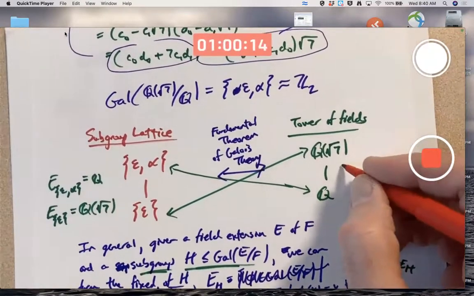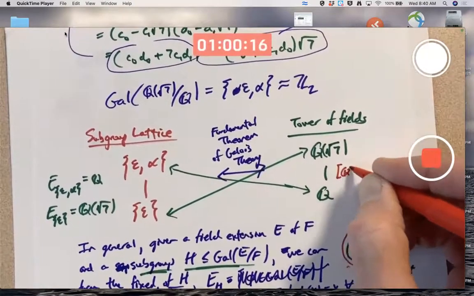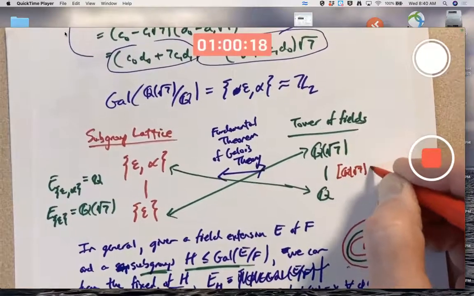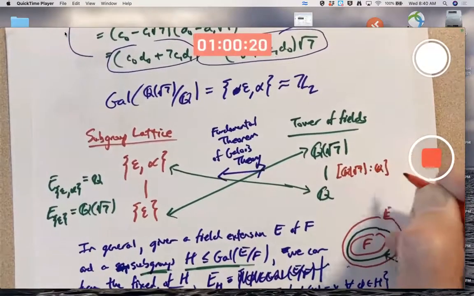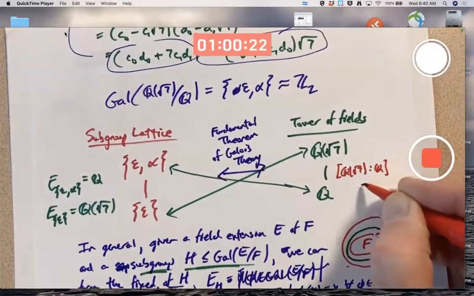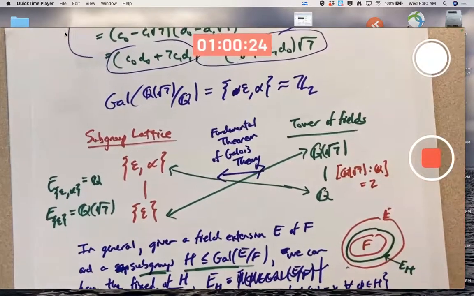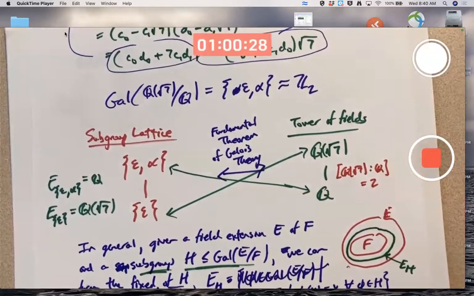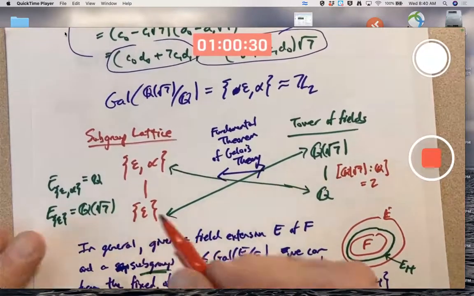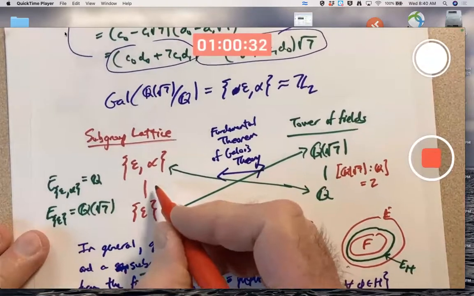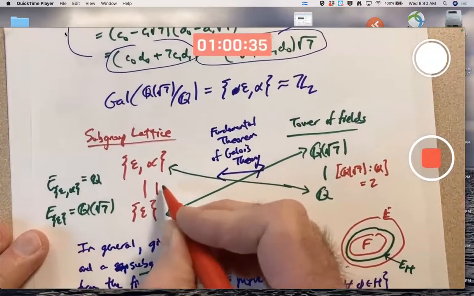The degree of this field extension is 2, because Q adjoin root 7 is a 2-dimensional vector space over Q. And the index, remember our old friend, the index?